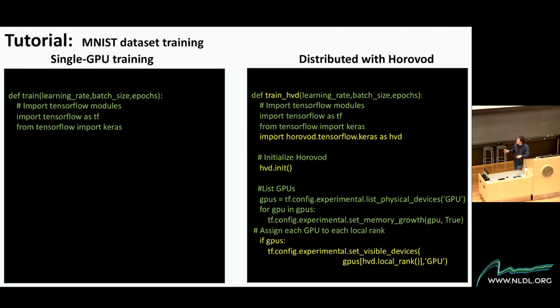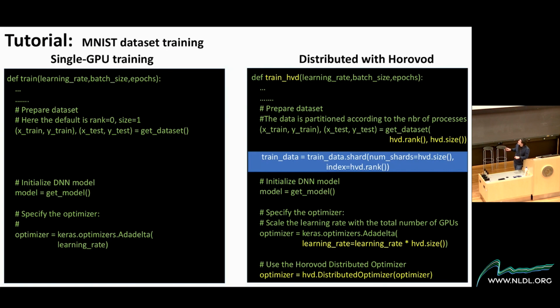The second step is when you prepare your data set. We have a function that doesn't need to be changed in this example for both single and distributed training, and that's for preparing the data. In this simple example, since there is only a single GPU, the default rank will be 0.